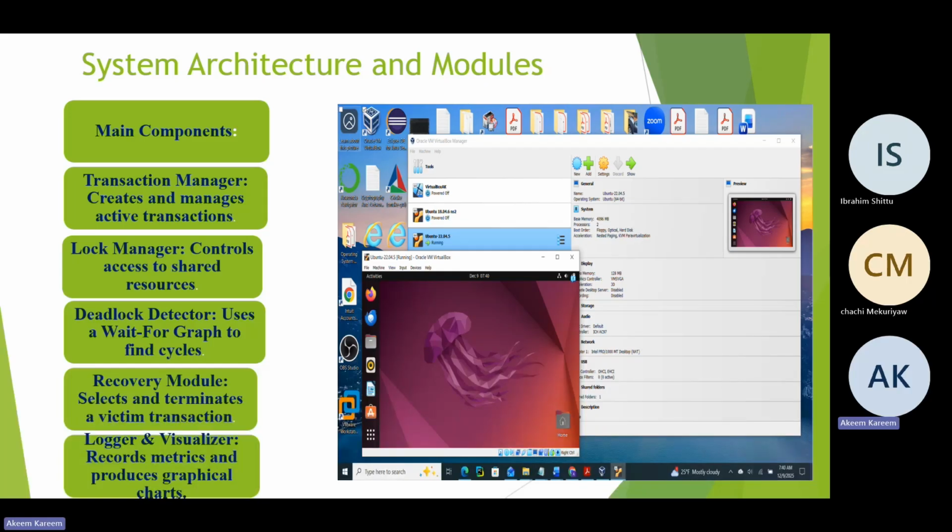The first one is the transaction manager, as you can see here. We have it in one of the configuration manager Python scripts, which is main.py. That is where we have the configuration files. This basically creates and manages transactions. The next module is the lock manager.